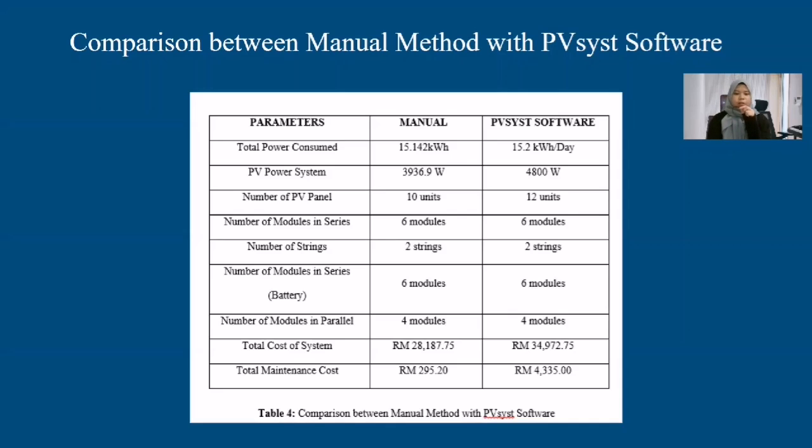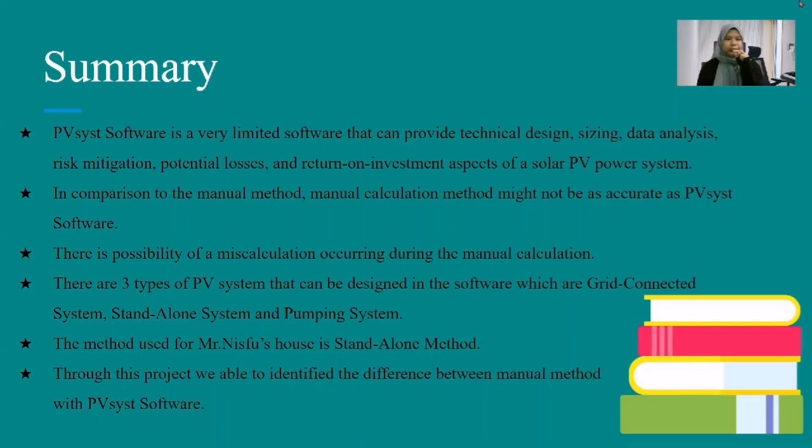For the total maintenance cost, by calculating manually we get 295.20 ringgit Malaysia, and for the PV system software we get 4,335 ringgit Malaysia.